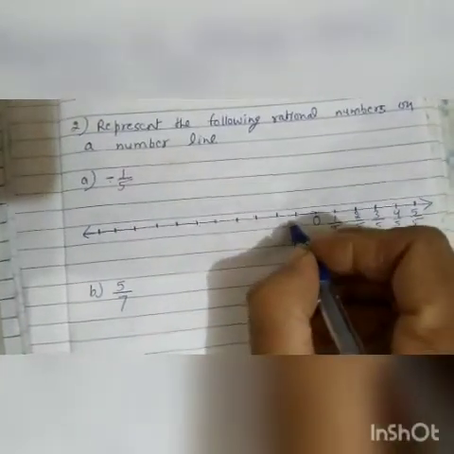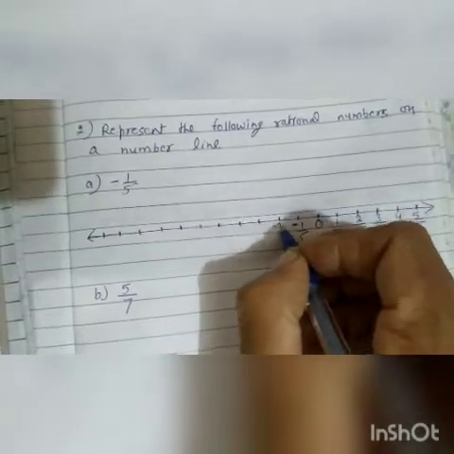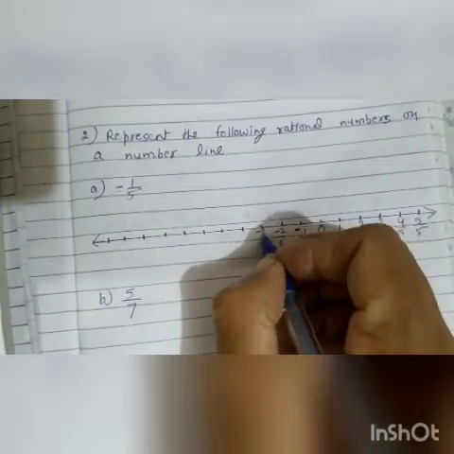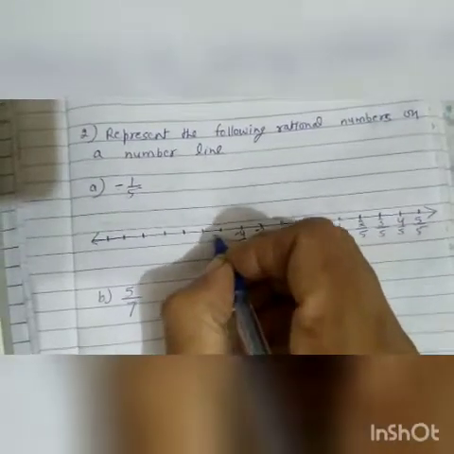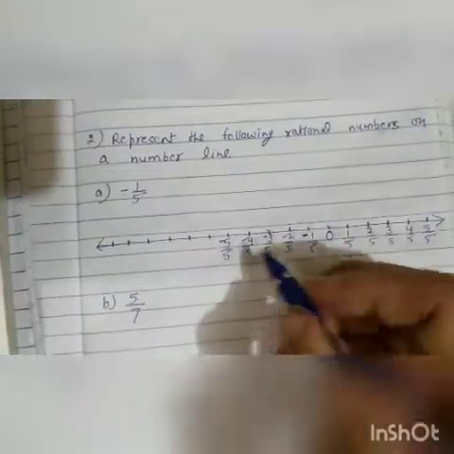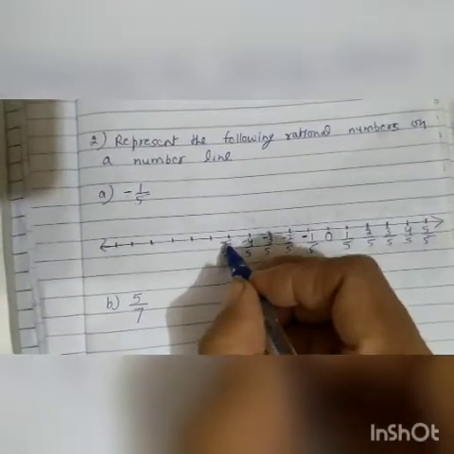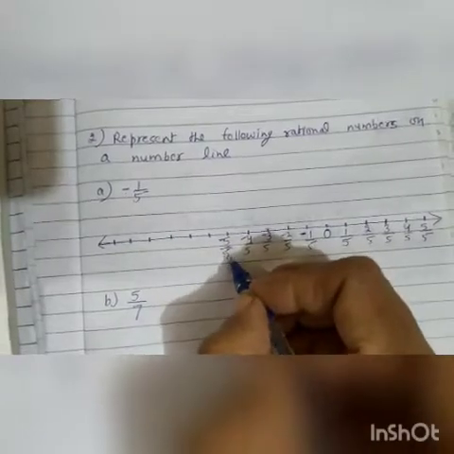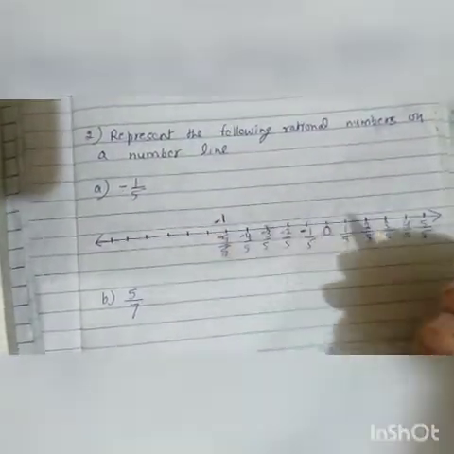In the same way, on the left side it is minus 1 upon 5, minus 2 upon 5, minus 3 upon 5, minus 4 upon 5, minus 5 upon 5. Students, see, when numerator and denominator both become equal, minus 5 upon 5 means minus 1. This point will show minus 1.